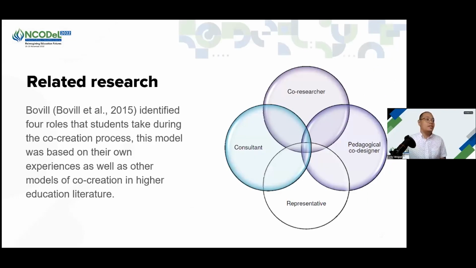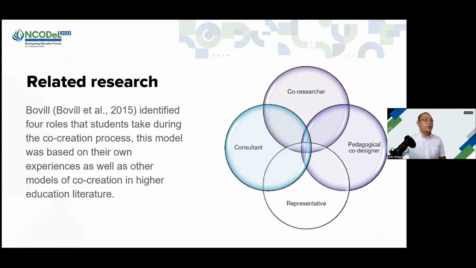For related research, we do have a few. First and foremost, Bovill identified 4 student roles that students take during the process of co-creation, and the diagram beside the text would be their presented model: consultant, co-researcher, pedagogical co-designer, and representative.